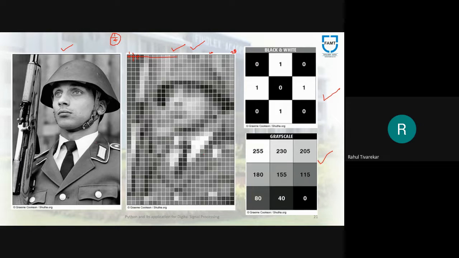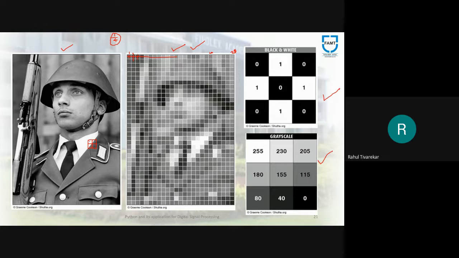So for example, at this border, suppose I use a single pixel like this, then either this pixel can be white or it can be gray. Either this can be white with the collar of that army person, or it can be gray with the outer jacket color. But if I use 4 pixels here, you can imagine what will happen.